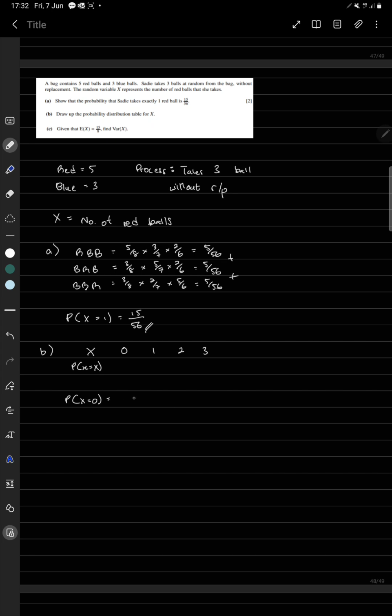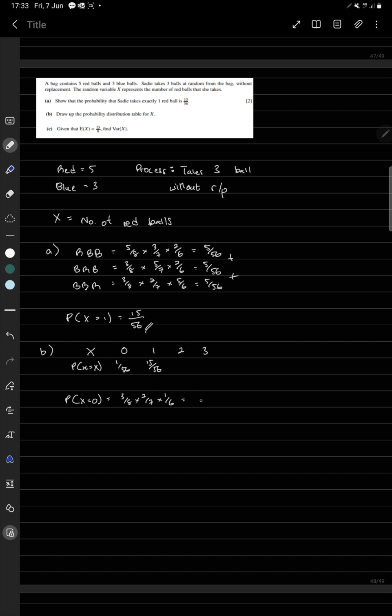So blue, blue, blue is 3 over 8 times 2 over 7 times 1 over 6, and that gives you 1 over 56. For 1, we already found it, which is 15 over 56.